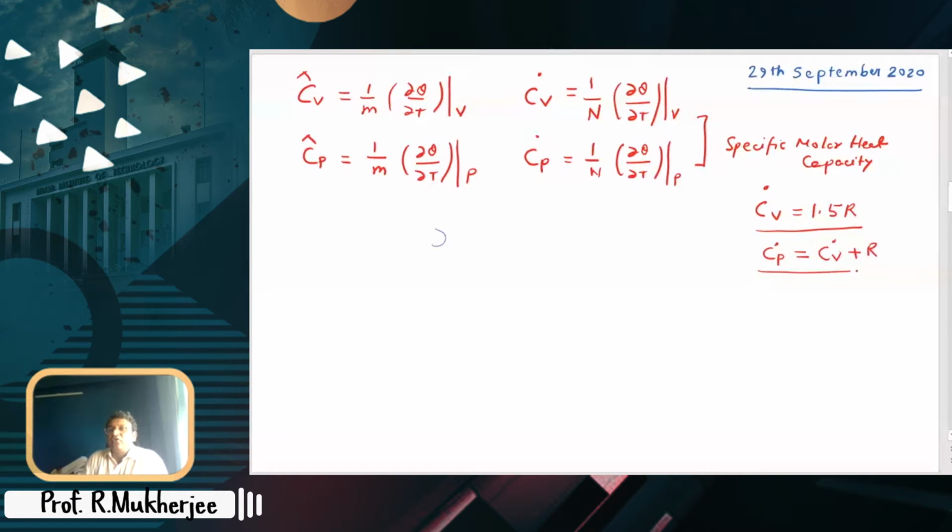And not to forget that both of these expressions are valid for monoatomic gases. Why? Because, as we have discussed in a completely different way, the cap sign, I just mentioned, is specific, per unit mass, specific heat capacity per unit mass.